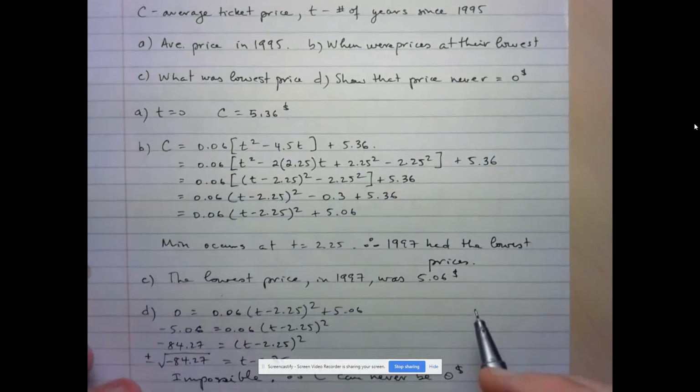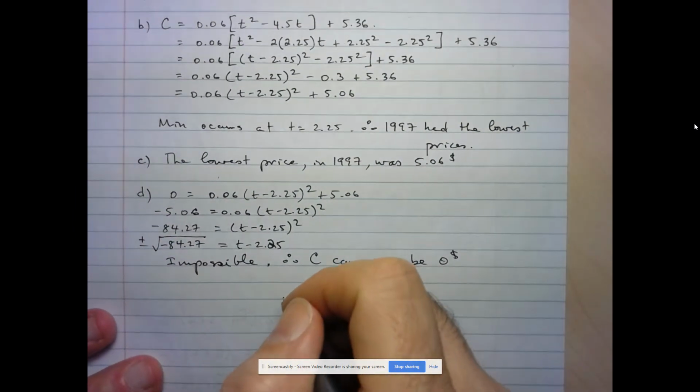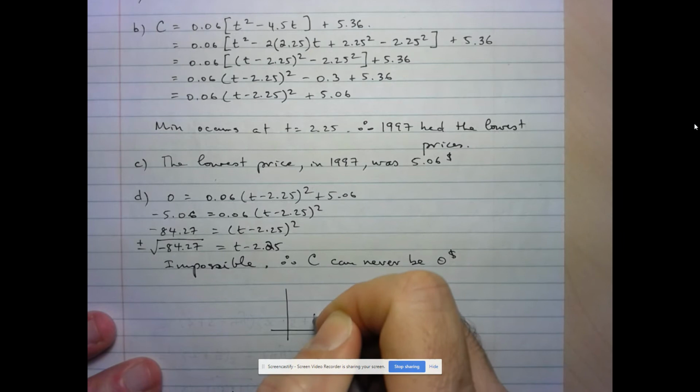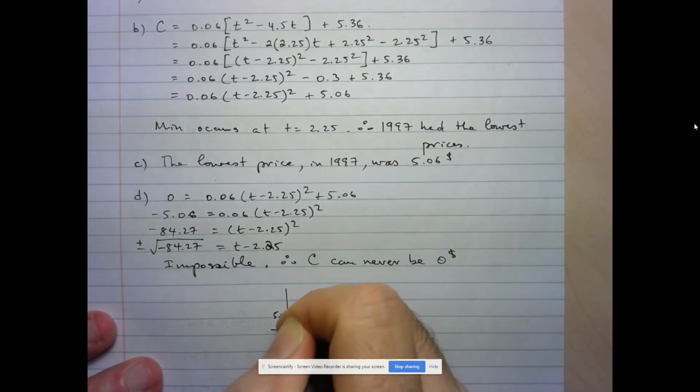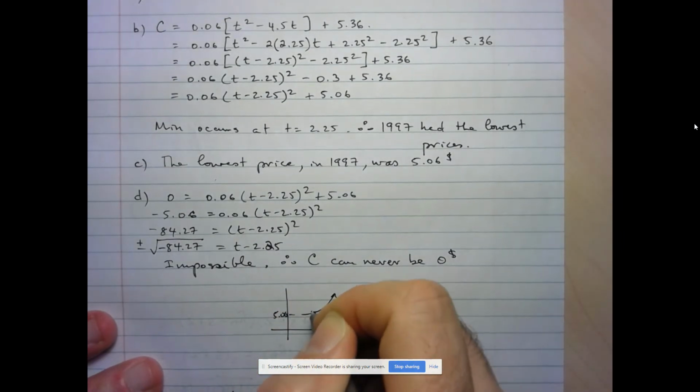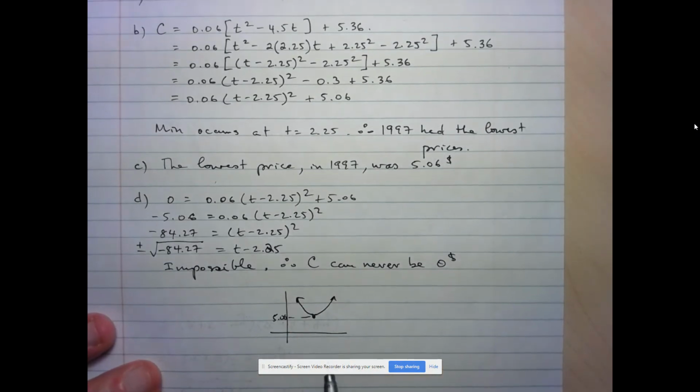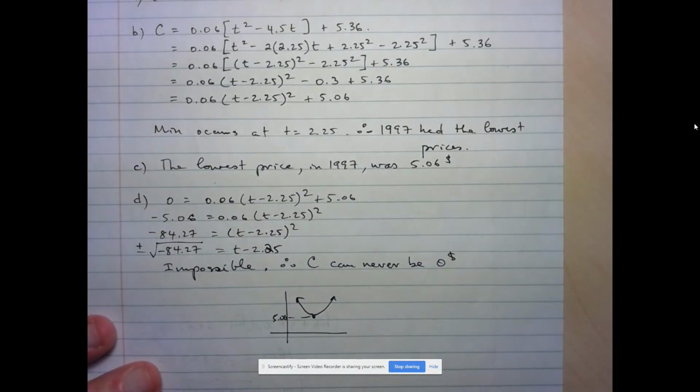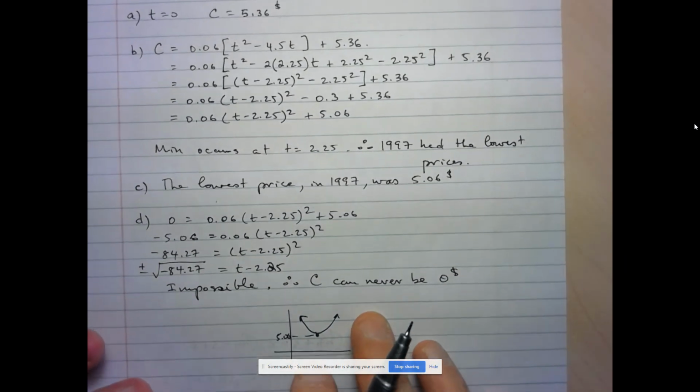So if the minimum value is at 5.06 and the parabola opens upwards, then you can argue that there's no time at which this parabola is ever going to hit the x-axis. So had you made that argument and explained it very clearly, I would have accepted that too.